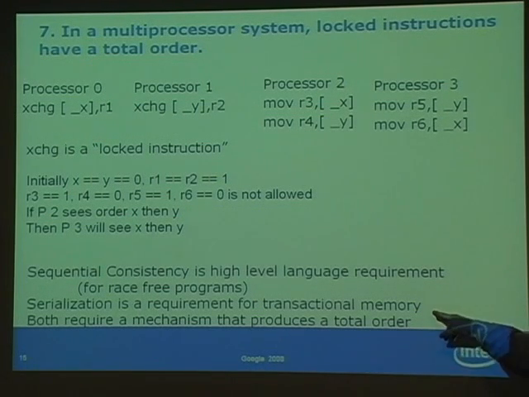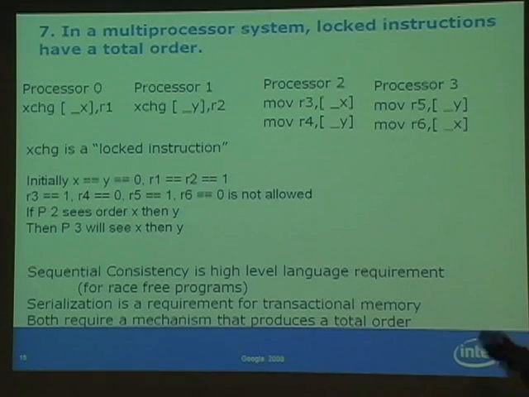And it's also required by serialization as a requirement for transactional memory. That's one of the things you want with transactional memory, to be able to have a total ordering on the transactions as they're executing. And so this is how you get a total ordering on our processors. You use a lock instruction.